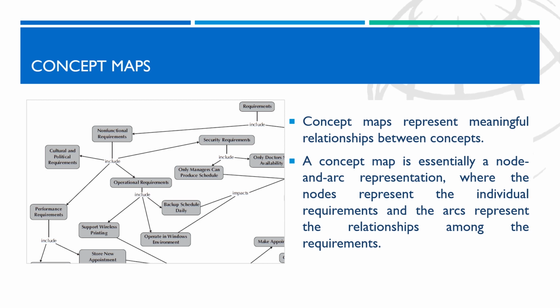A concept map is essentially a node and arc representation where the nodes represent the individual requirements and the arcs represent the relationships among the requirements. Each arc is labeled with a relationship name. Concept maps also have been recommended as a possible technique to support modeling requirements for object-oriented system development and knowledge management systems.